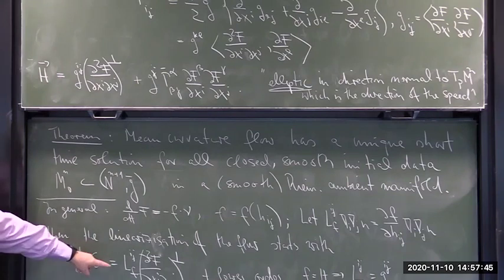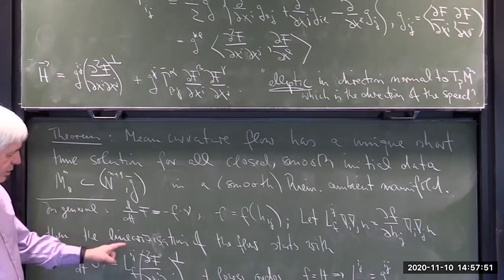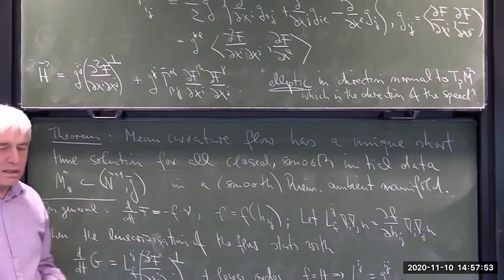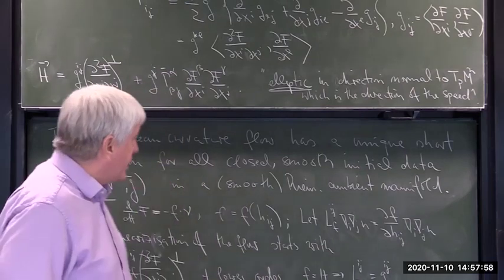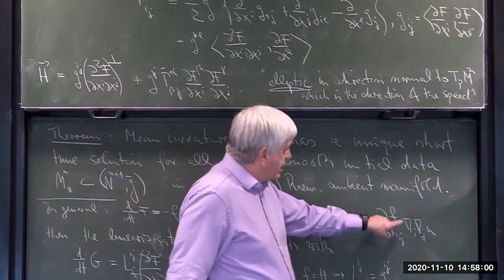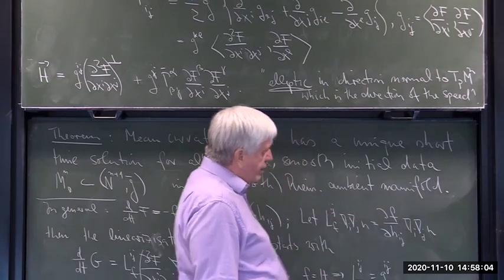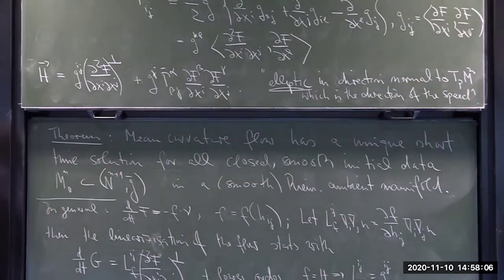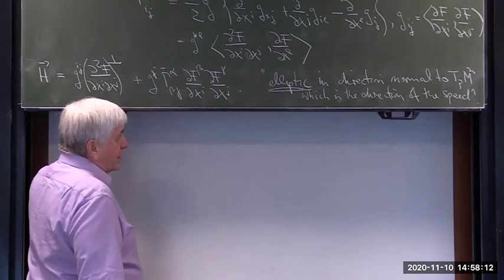So now, in order to argue that we again get short time existence, we need exactly that this operator here is positive definite at each point, which means that these derivatives of f with respect to Hij have to form a positive definite matrix everywhere. And that is then enough also to get short time existence.